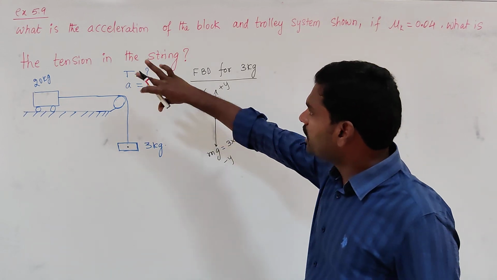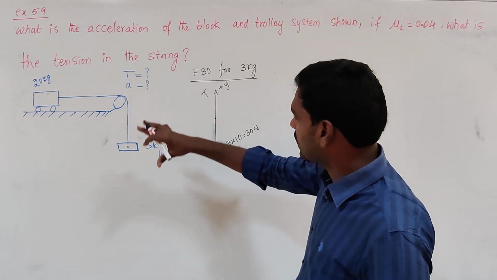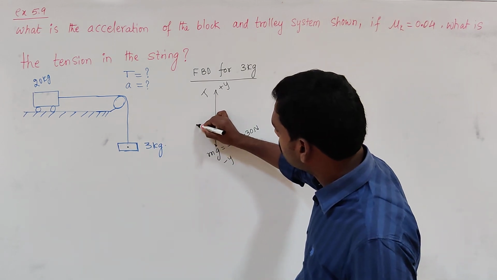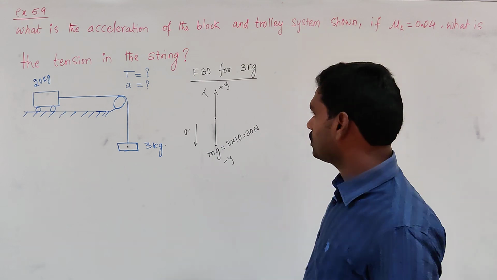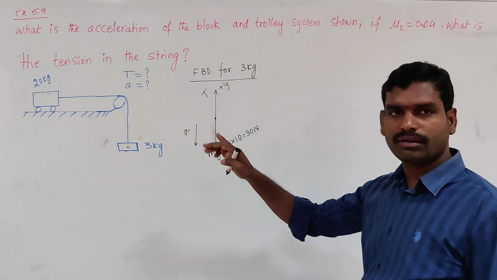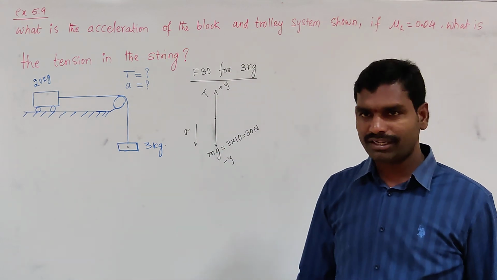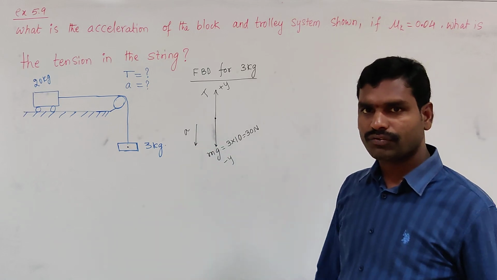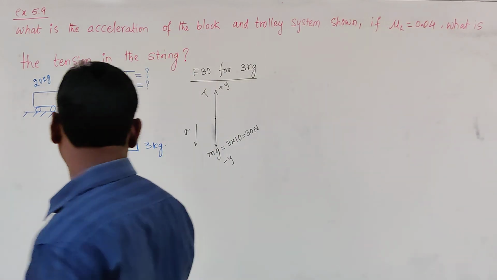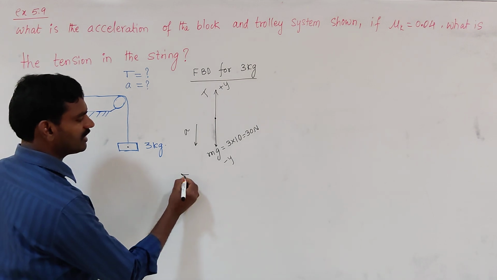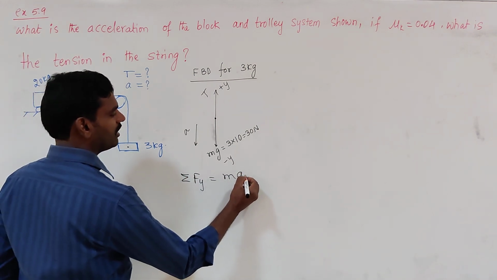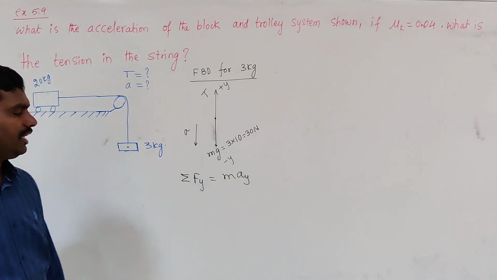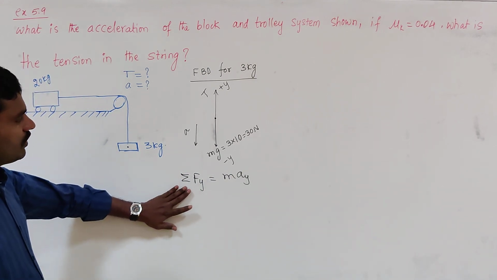And this body is accelerating. When it is released, it accelerates downwards. So the body is not at rest, nor moving with uniform motion. It is accelerating, so we need to apply Newton's second law of motion: sigma Fy equals m ay. What are the forces acting here?